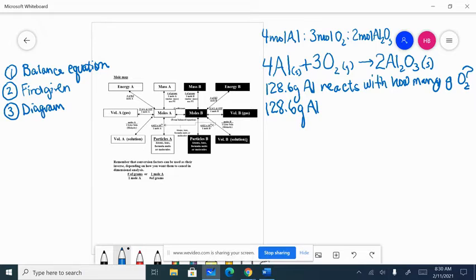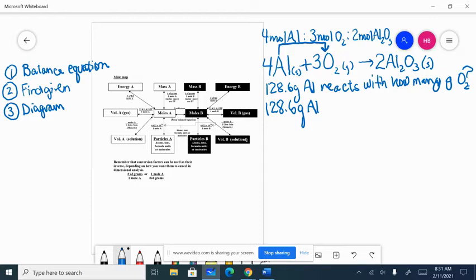So I'm starting with grams of aluminum, and I'm ending with grams of oxygen. So I'm going from grams of one to grams of another. So that would be starting with mass of A and ending with mass of B. Remember, in stoich problems, we're always going to start on the A side, regardless of whether you have 2 reactants, 2 products, a reactant and a product.